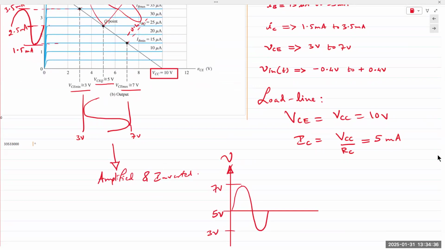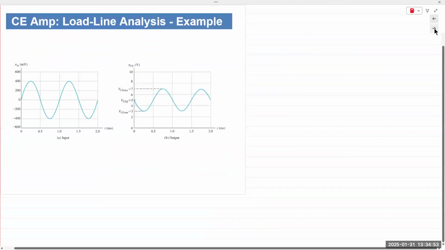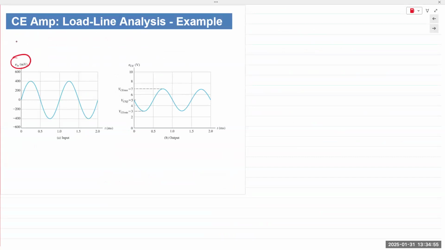All right, questions? Okay. Input V in, output VCE.